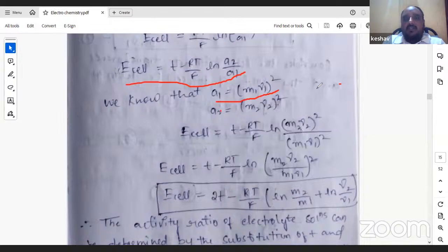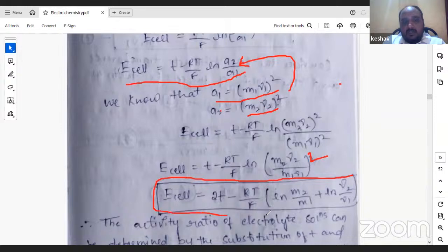That's why M1 gamma 1 into again M1 gamma 1. Therefore, M1 gamma 1 square. A2 also M2 gamma 2 square. These two will be substituted in A2 by A1. So T minus RT by F ln M2 gamma 2 square by M1 gamma 1 square. Then the squares will come to the front, and we will get this final equation.